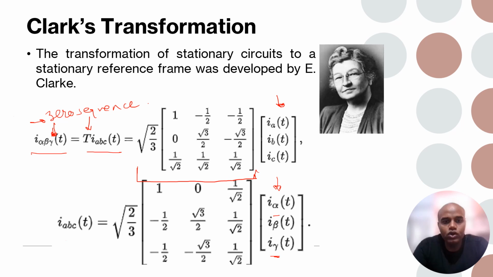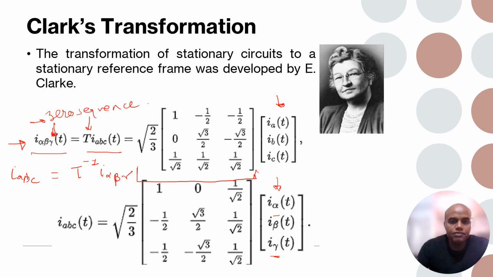To see the beauty of this, first we need to understand how IABC is calculated through this transformation. Obviously, by looking at this relation, we can convert this just by the transpose or inverse of this transformation matrix into the I alpha beta gamma matrix.